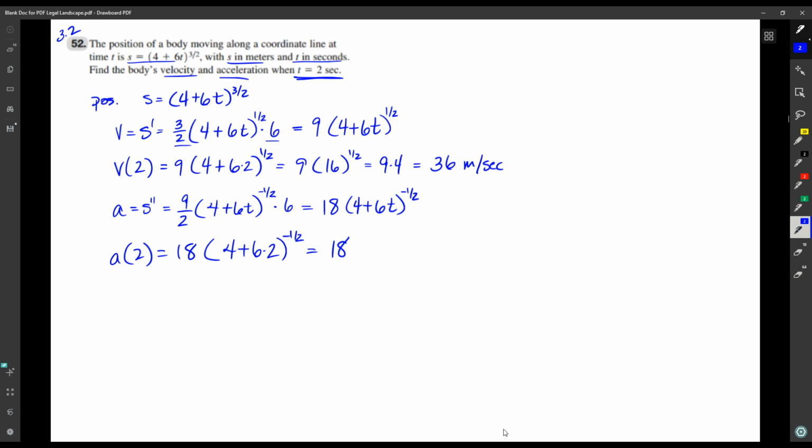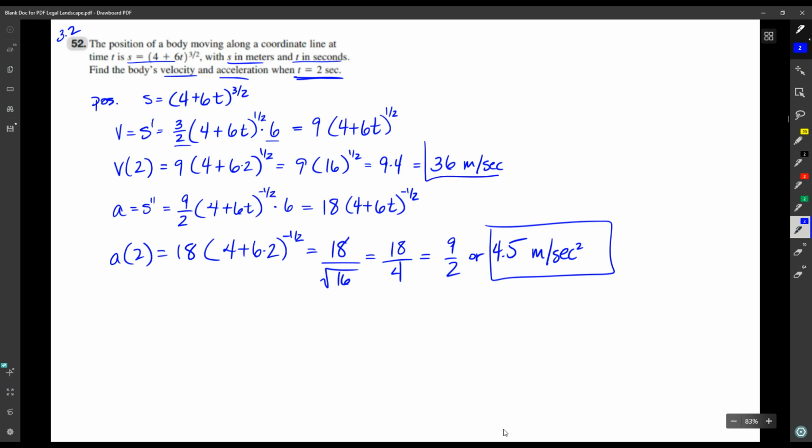To a power of negative 1/2, I'm going to write that now in the denominator as the square root of 16. So this turns out to be 18 over 4, which reduces to 9/2 or 4.5. It's an acceleration, so it's meters per second per second. I'm going to write that as meters per second squared. So there's an answer, and that finishes up number 52.